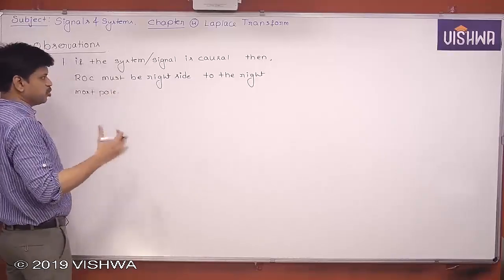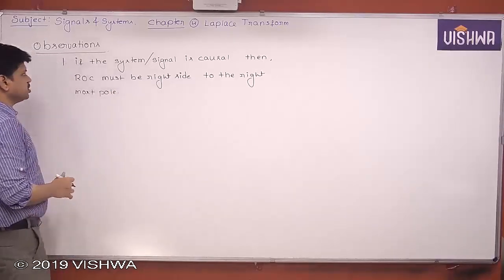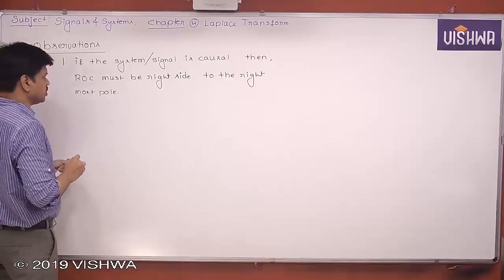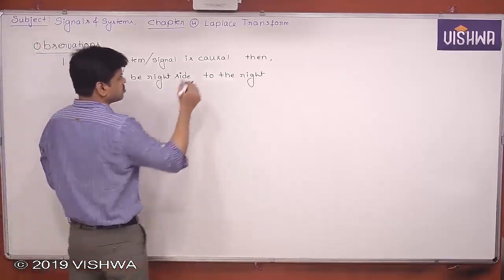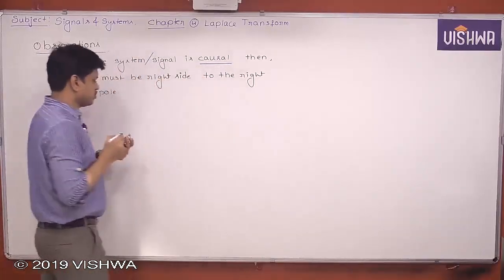Right side to the rightmost pole. This is the one conclusion point for causal.